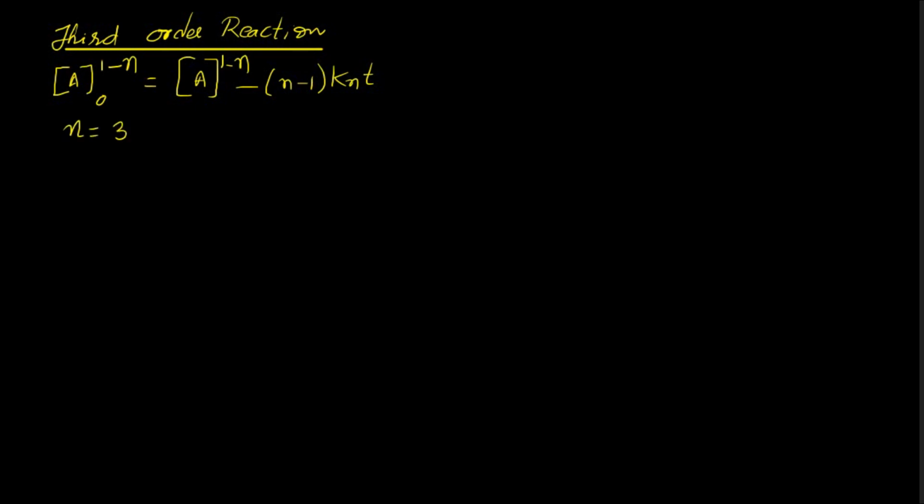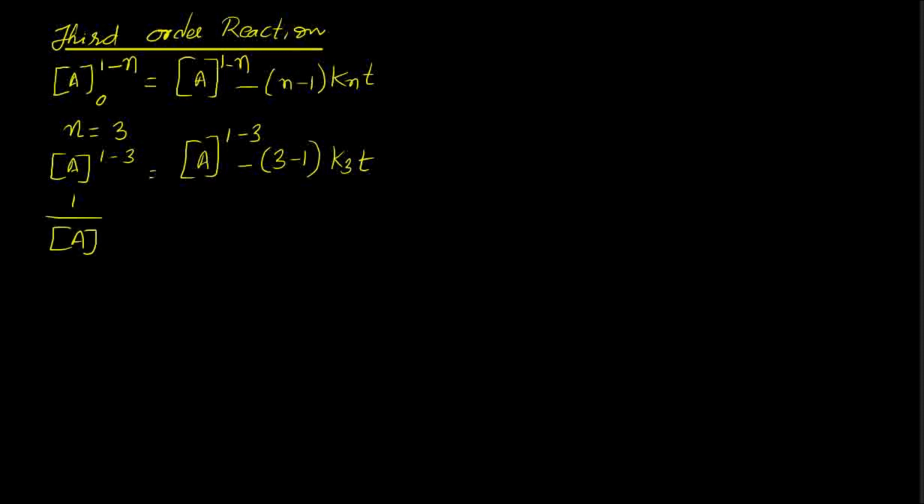So now A power 1 minus 3, equals A naught power 1 minus 3, minus 3 minus 1 K3T. So here A power 1 minus 3, A power minus 2, that means 1 by A power 2.